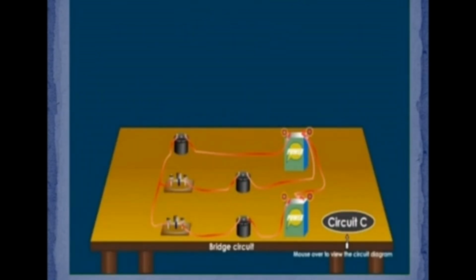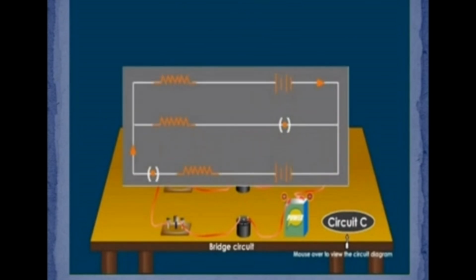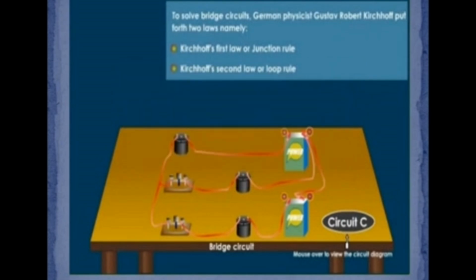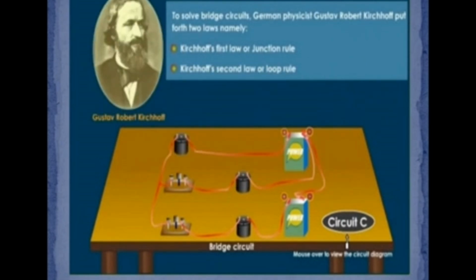Here the resistance, battery (that is, EMF) and keys are connected, so it's a closed circuit. To solve the bridge circuit, the German physicist Robert Kirchhoff put forward two rules: the Kirchhoff first law or rule, and the Kirchhoff second law or loop rule.